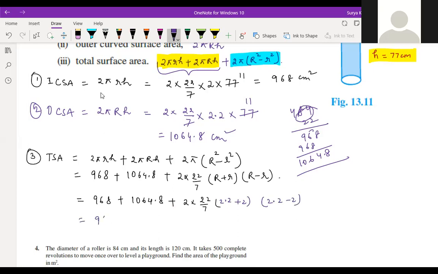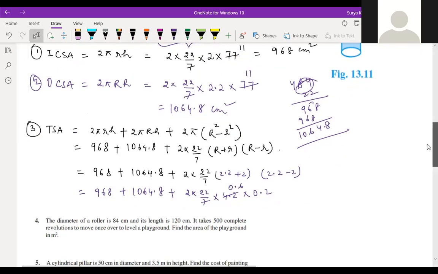So you can write again 968 plus 1064.8 plus 2 into 22 by 7 into 4.2 into 0.2. 7 6s are 42, 0.6. Now we can just solve over here.